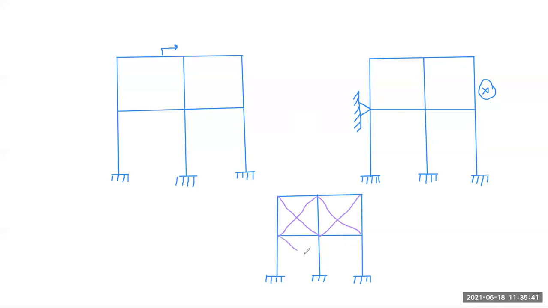Also here we add our column with the adjoining beam. This is your braced structure.